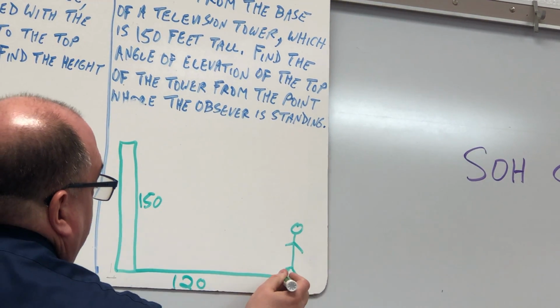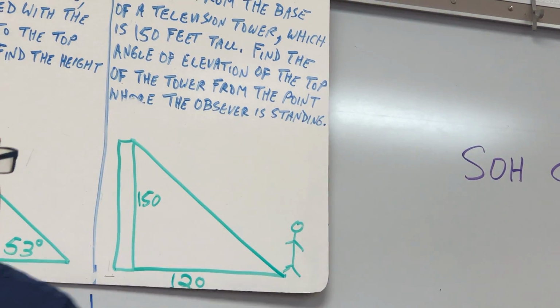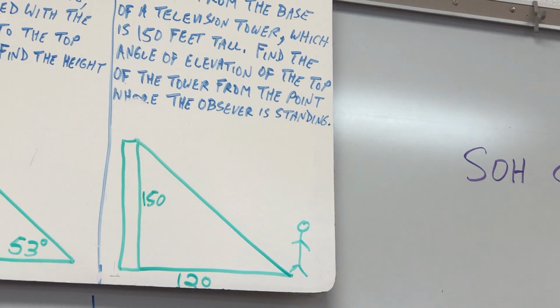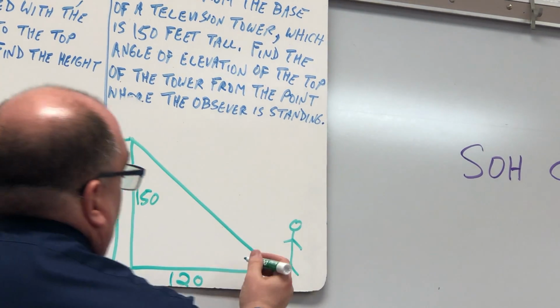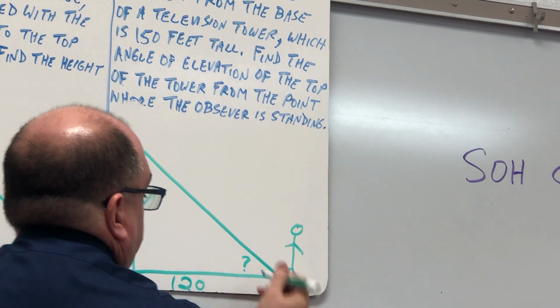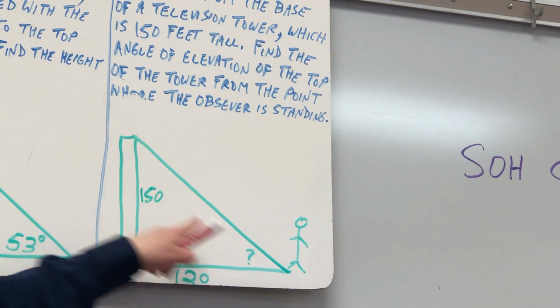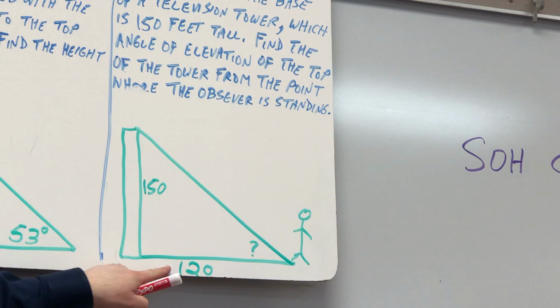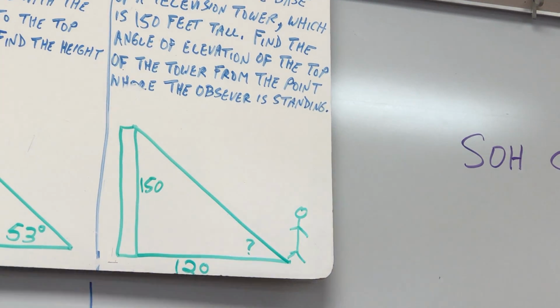So it's from here up there. The angle of elevation is going upward that way. So what is this angle? Is this guy opposite, adjacent, or hypotenuse? Opposite. And this guy's adjacent, so we're going to use tan.